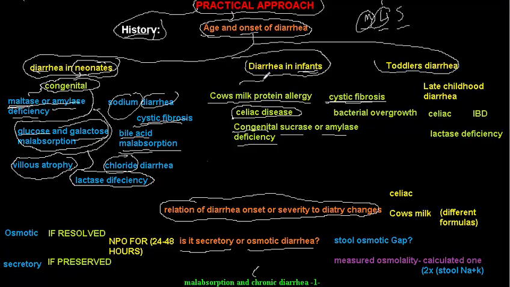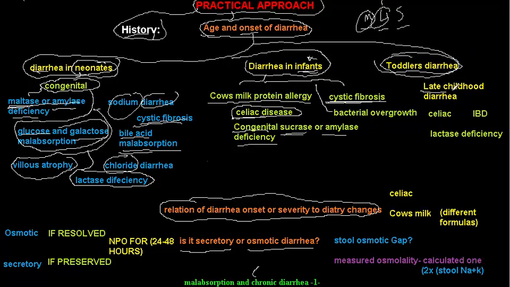So these are the specific things about diarrhea in infants. Again: cow's milk allergy, celiac disease, cystic fibrosis, congenital sucrase or amylase deficiency, and maybe bacterial overgrowth may cause it. Toddler diarrhea is sometimes idiopathic, nothing specific.